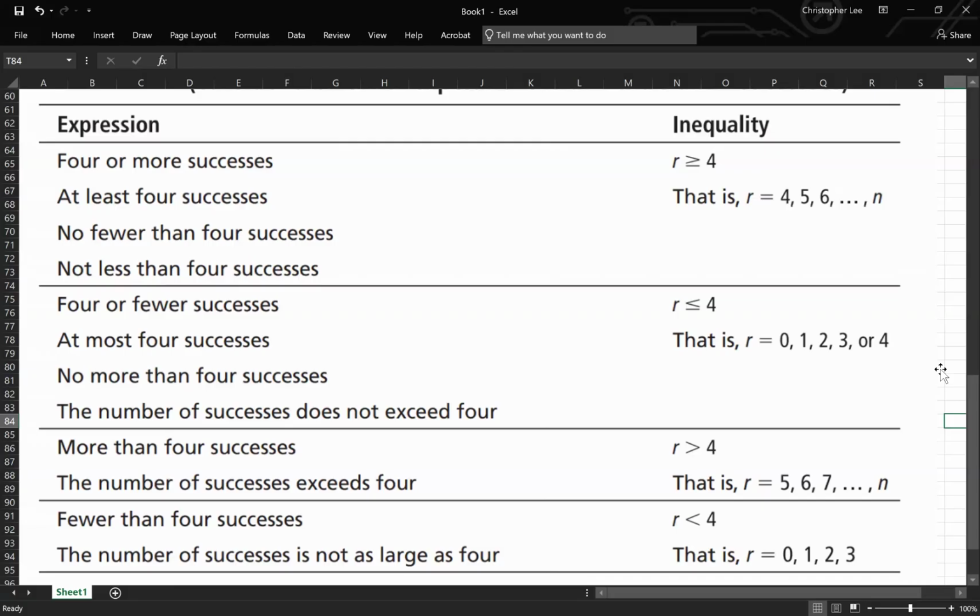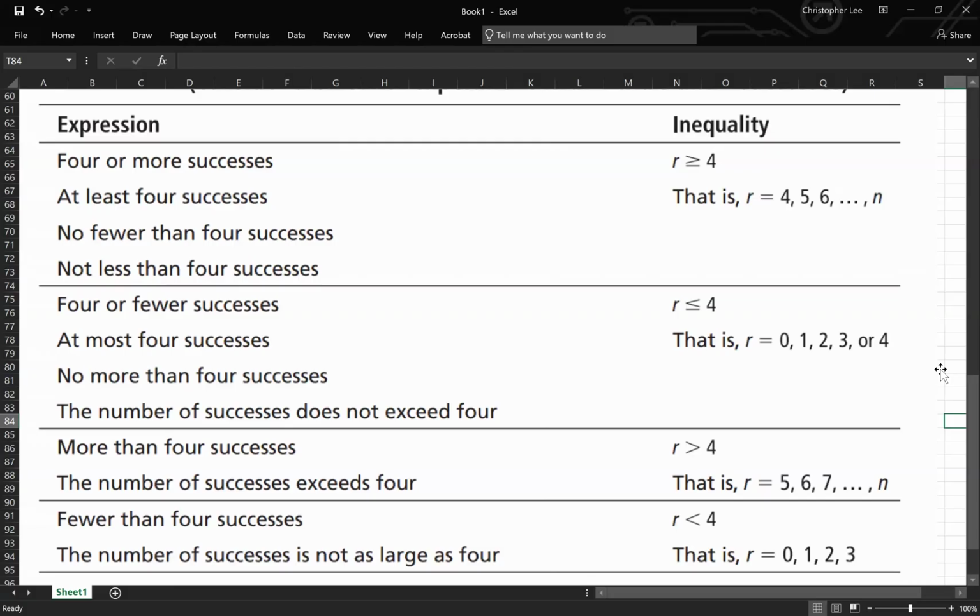Questions on this? Anybody? When we do this in the homework, it's going to be with the wording, or it might be with the inequality and you have to give the wording. Either way.